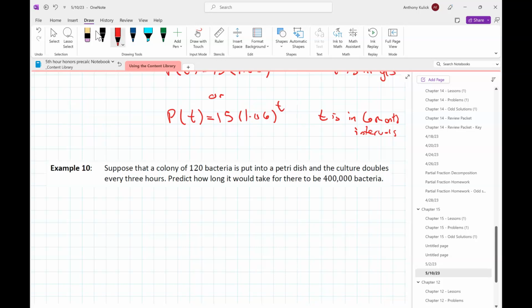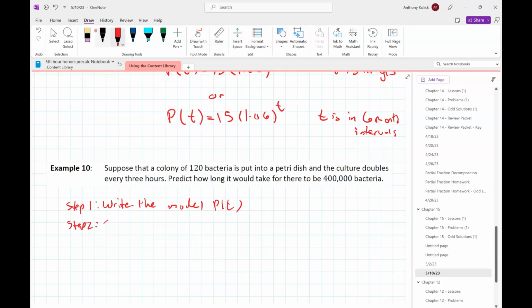So when I read a problem like this, to me it sounds like a 2-step problem. Step 1, I'm going to have to write the model, and I'll just call that P of t for the sake of giving it a name.